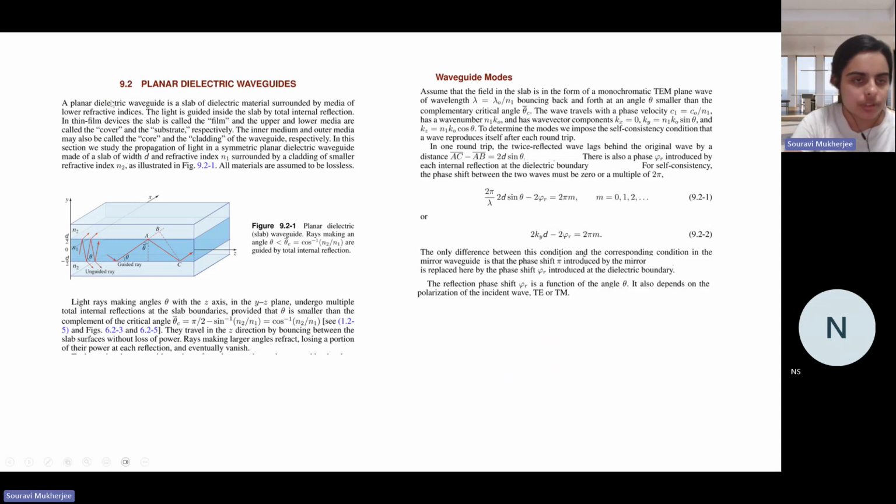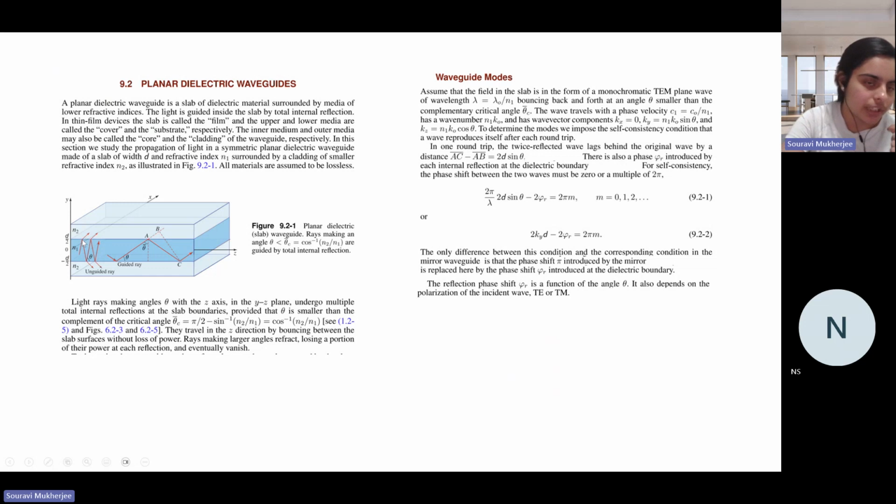So a planar dielectric waveguide is a slab of dielectric material which is surrounded by media of lower refractive index. It's important. Why? Because if it is of lower refractive index, then you will get the condition that's required for total internal reflection.